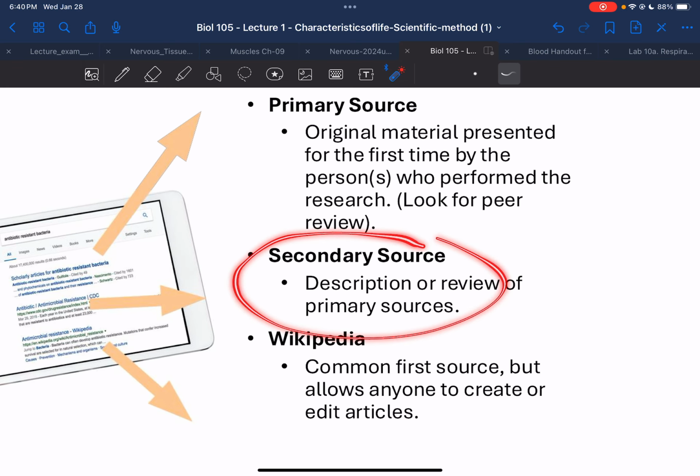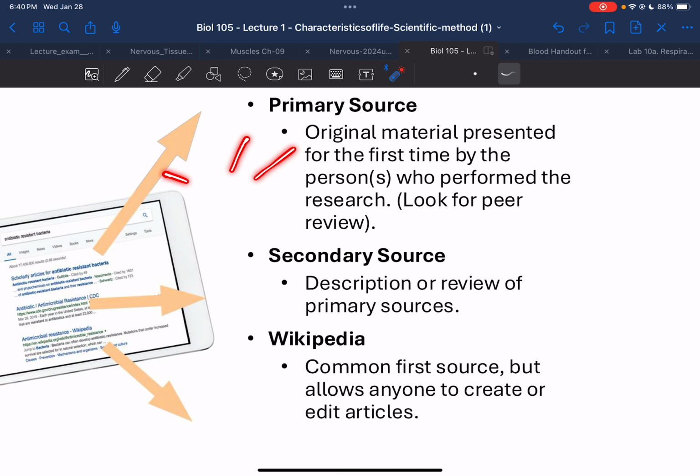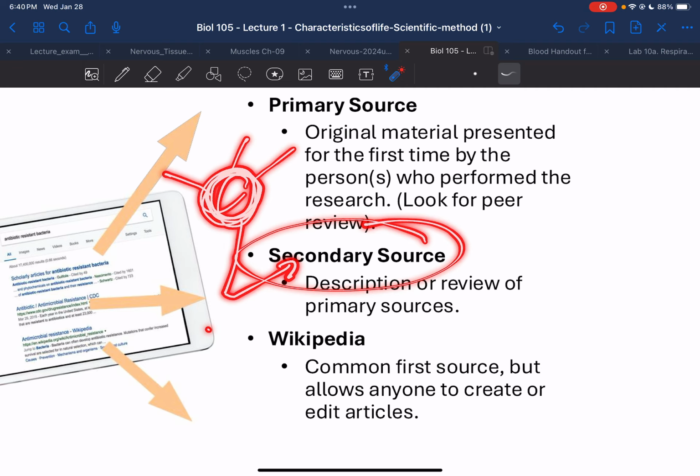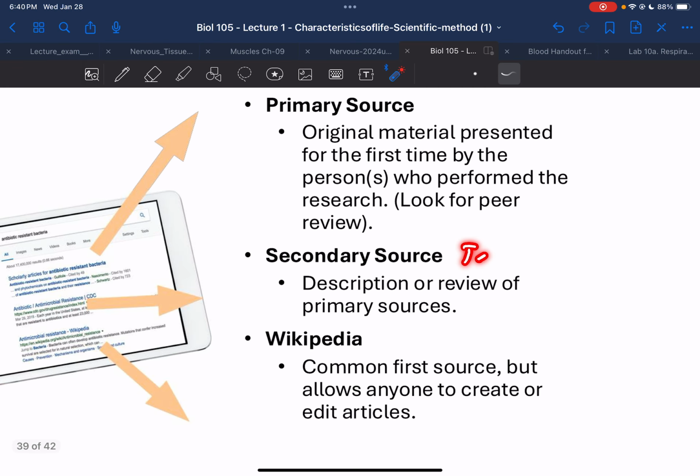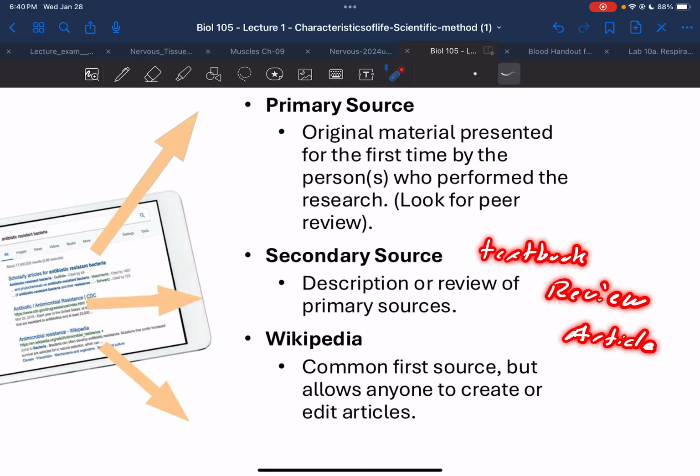Secondary is when they combine their works. Now that they have a paper from Switzerland, a paper from this part of the world, once everyone's proven the idea, they then put it into a textbook. And that's what a secondary source is. It's a text, like a textbook, a review article. And so that is what secondary sources are.